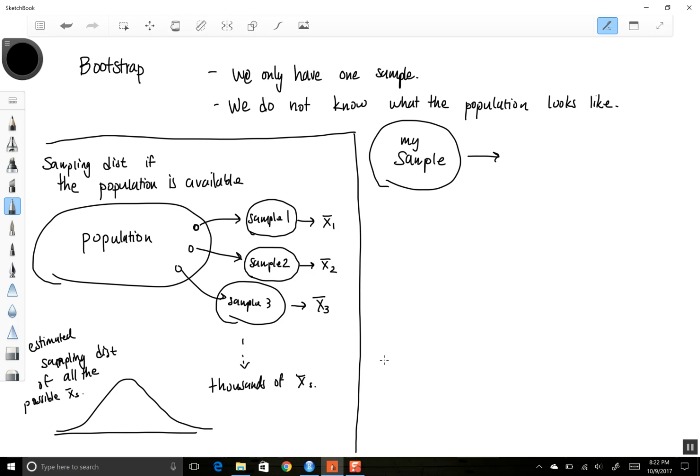I'm going to make a very strong assumption here, which is my sample was randomly drawn from the population. Therefore, it's not a huge stretch to say my sample is representative of the population. That's the biggest assumption we're making in Bootstrap.